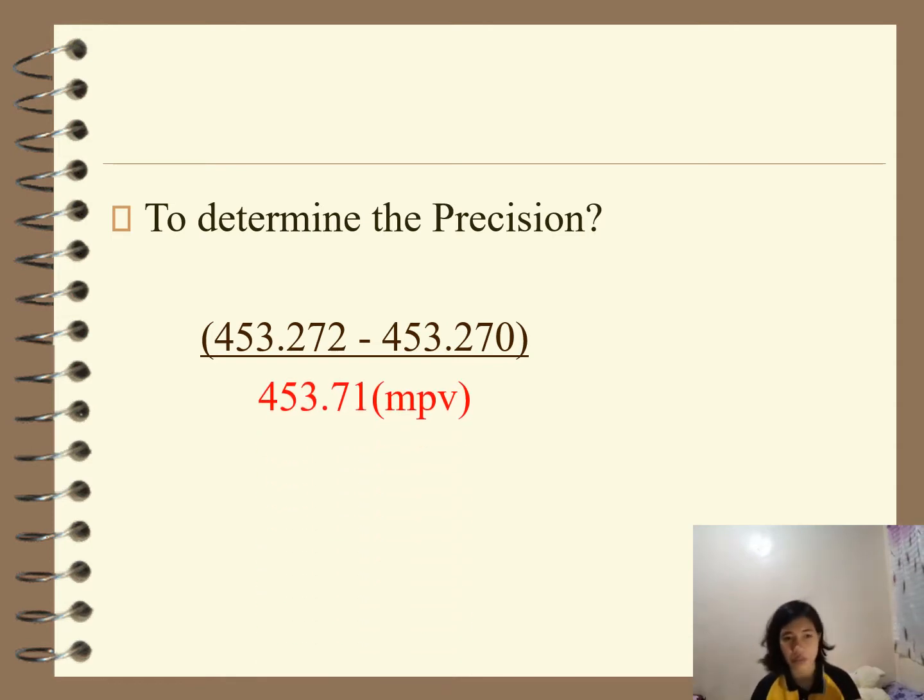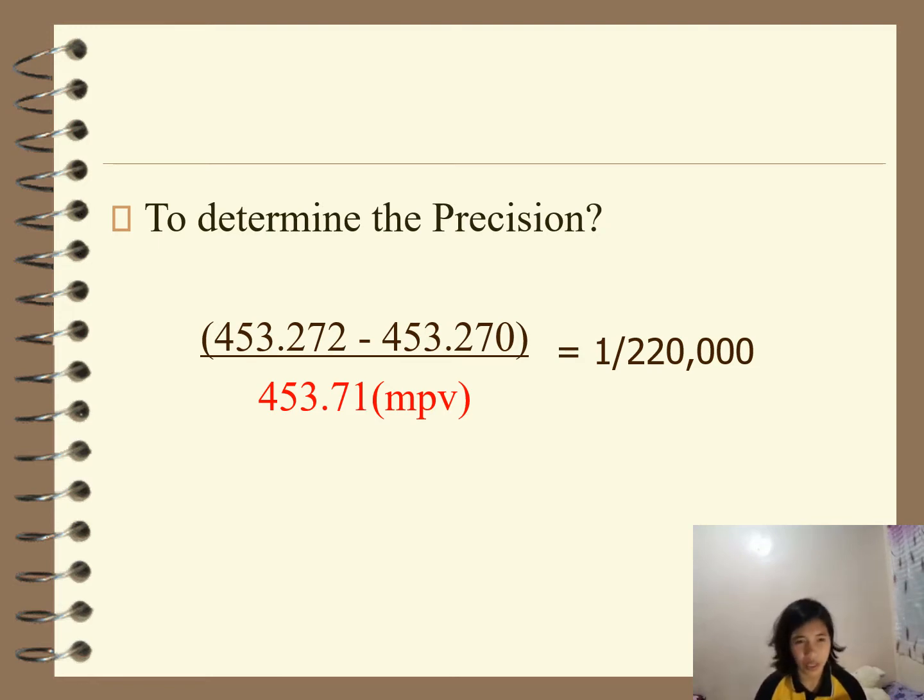So, yung ating most probable value, this is just the average of the observations, and you take the sum of the observations. The answer would be 1 is to 220,000. So, that is very large na. So, we can see that this observation is very precise.